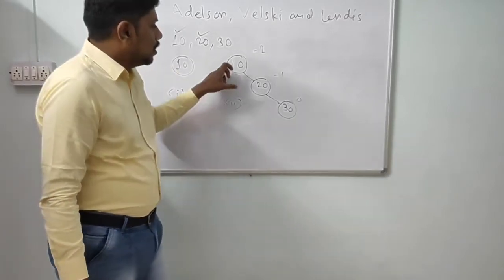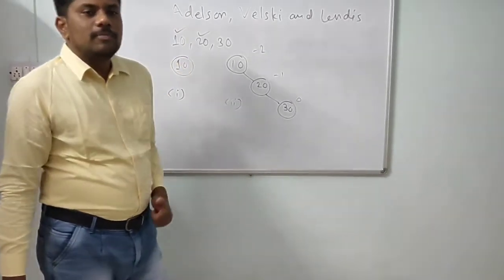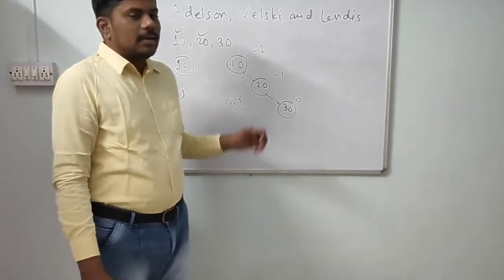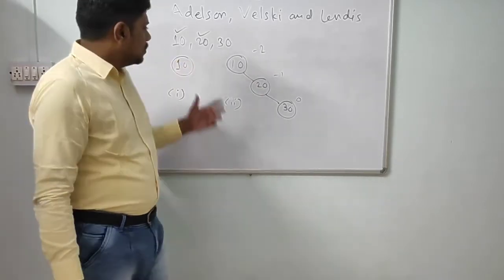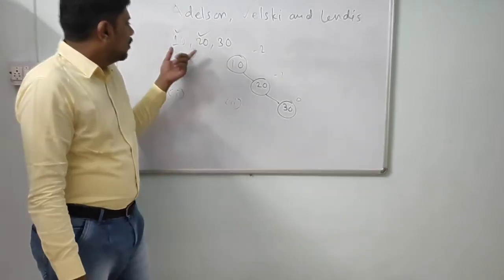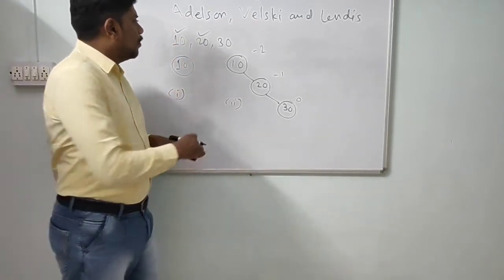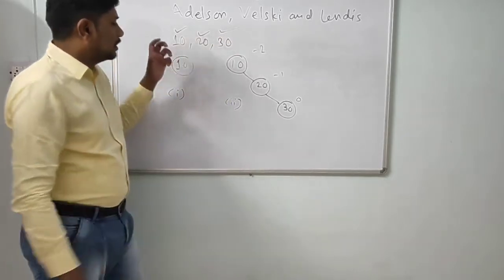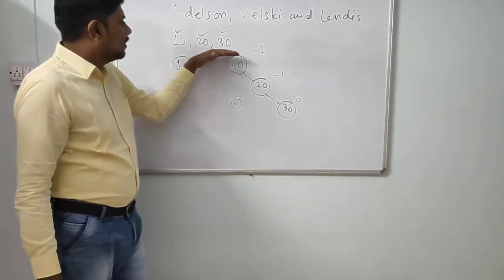So what do you need to do? You need to perform some activity to make it an AVL tree. The task given is to construct the AVL tree for these 3 values, 10, 20 and 30.